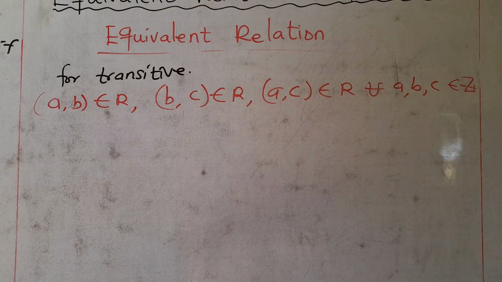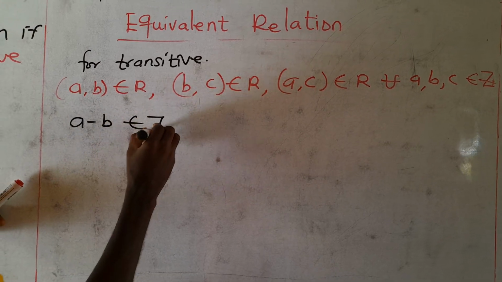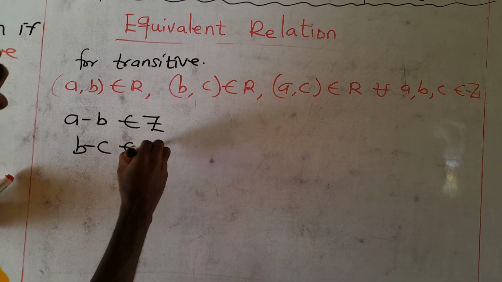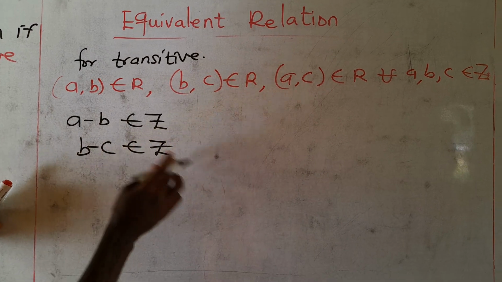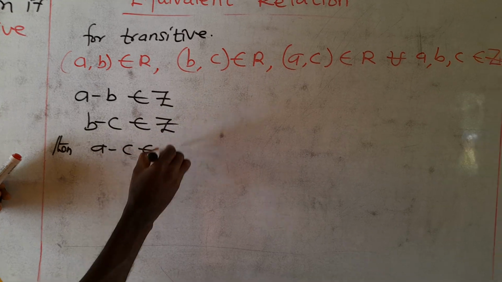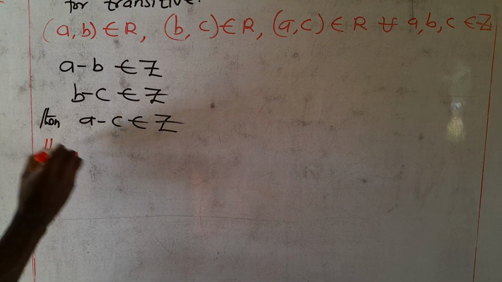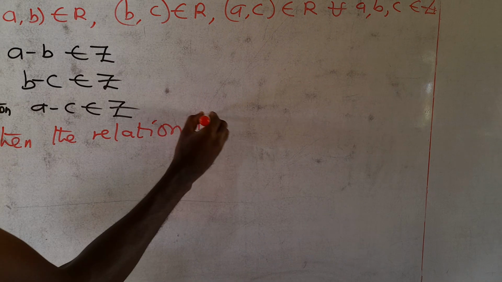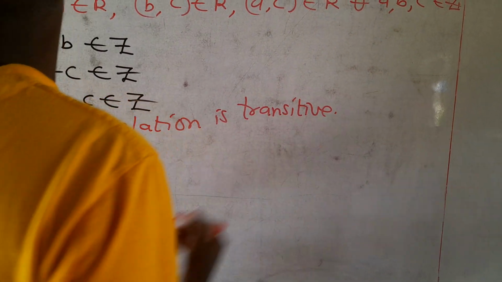So we check. Remember, A minus B is an integer. True. Then B minus C is also an integer for all values in the world. So if A minus B is an integer and B minus C is an integer, then we can say A minus C is also an integer. I hope we get that. Then the relation is transitive. This is very, very easy.